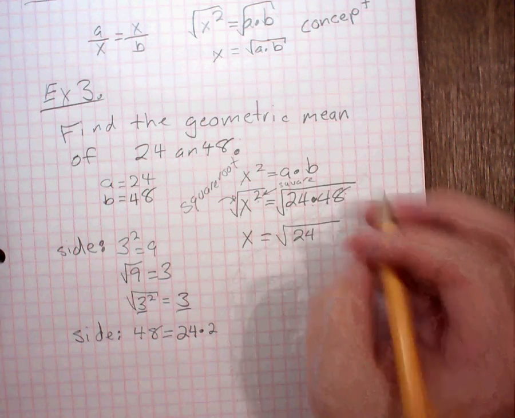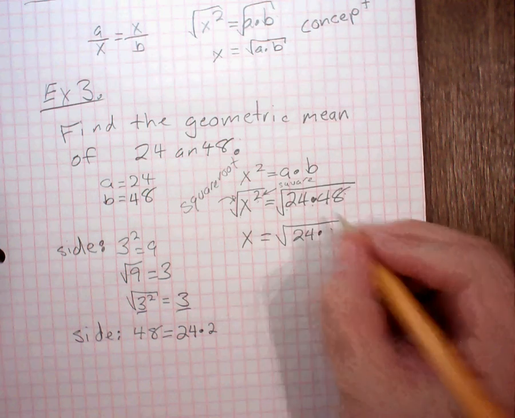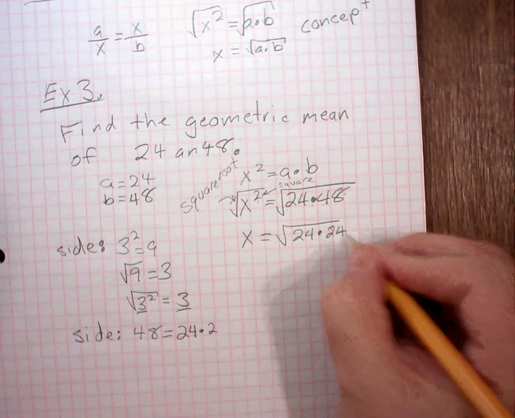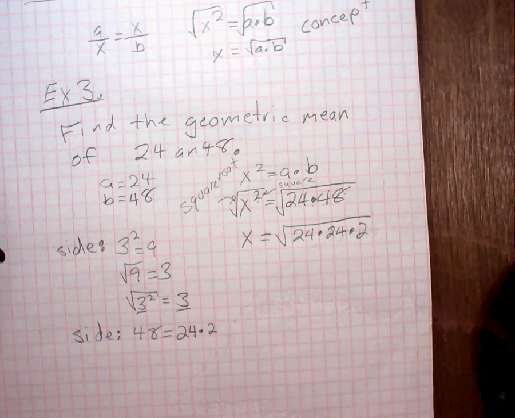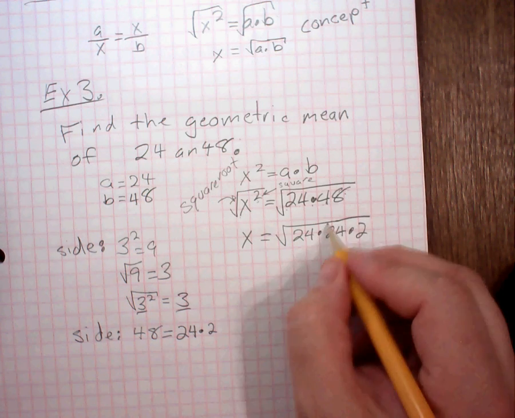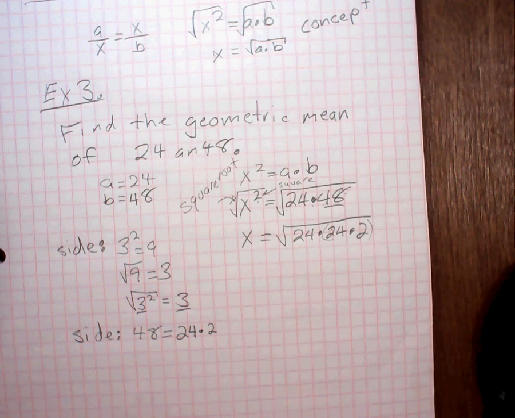So rather than writing 48 down, I'm going to write down 24 times 2. In other words, 24 times 2 is the same as 48.